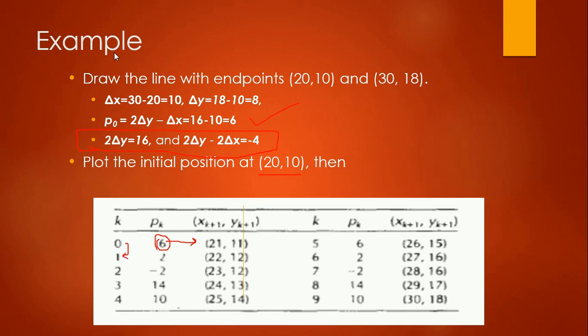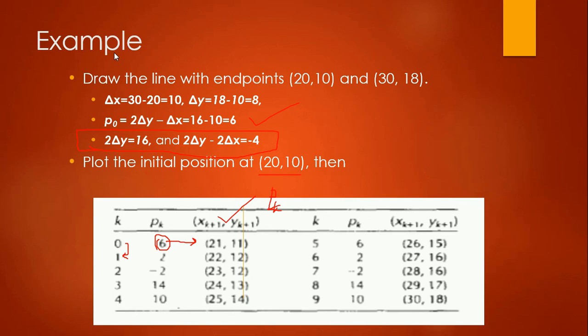Here the Pk value is positive. So immediately after calculating the x and y position, the newer Pk value has to be calculated, so you have to keep that in mind.